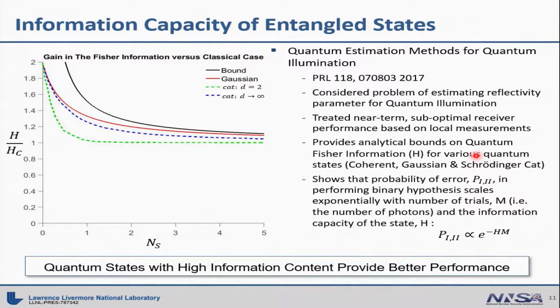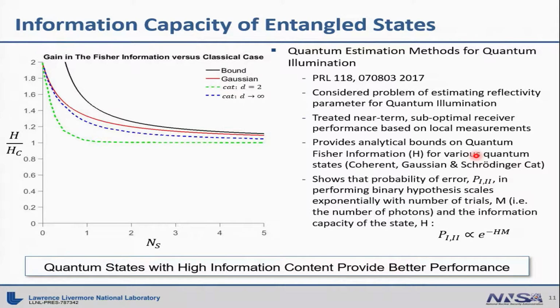So if you want to use these quantum states that have higher information capacity, what kind of states are those? What do they look like, and how do you create them, and how much more information are we talking about? There was a paper that was published a few years ago where they actually examined this concept. They looked at how to actually do this parameter estimation.